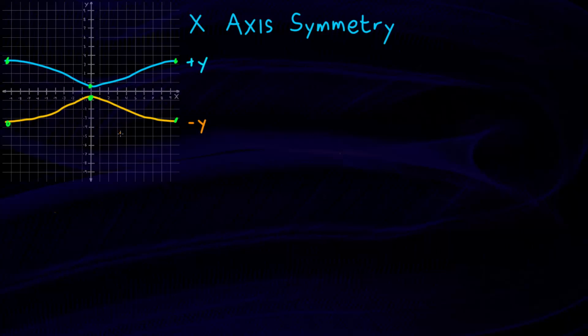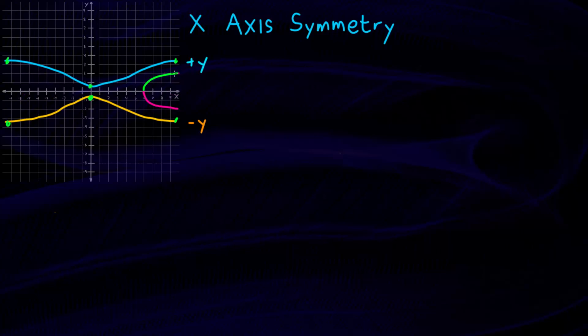Let's look at another example and see if it has x-axis symmetry. So for the original one, I am going to graph it in green, and it's going to look like this. And then purple will be the other one, and it will be like this. So I want you to pause the video and think, is this symmetric across the x-axis?